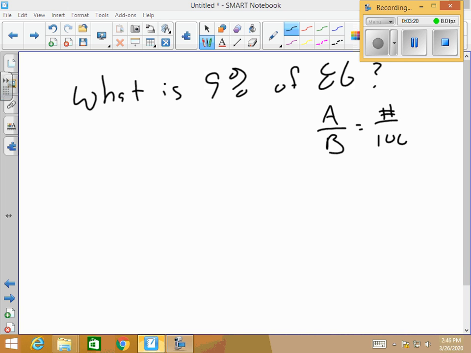The percent number over 100 is the easiest thing to find. 100 will always be 100. The percent number is simply the number in front of the percent, because we've already written 100 down. So we fill in 9.